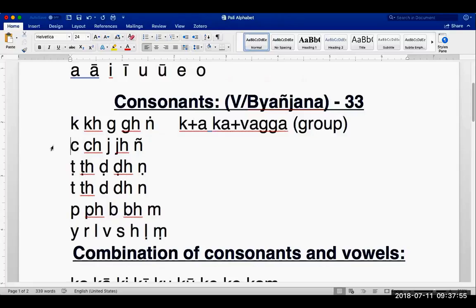So this is called kantaja. Kanta is the guttural area, and this one is called talaja because it uses the palate. So we also use the tongue. The tongue plays a very crucial role in pronouncing.